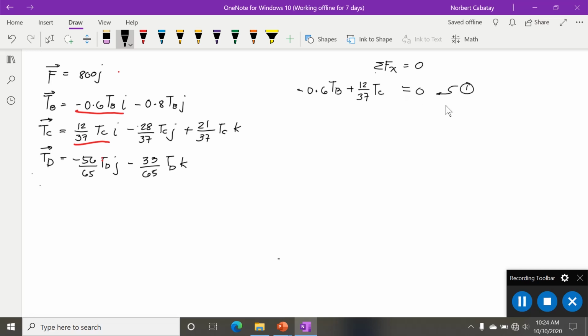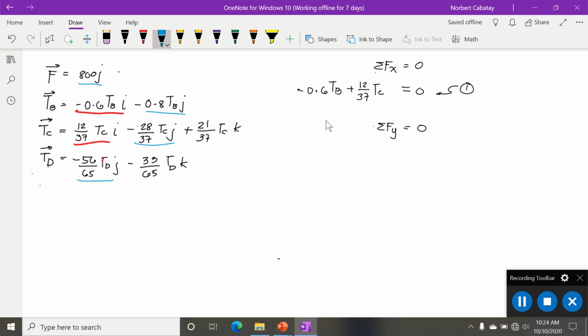Again, how many equations do we need here? We need 3 equations kasi meron tayong nawawalang T sub B, T sub C, and T sub D. Then, for equation number 2, consider natin yung summation of forces Y is equal to 0. So, lahat naman ito, lahat ng may j, ito, at saka ito.